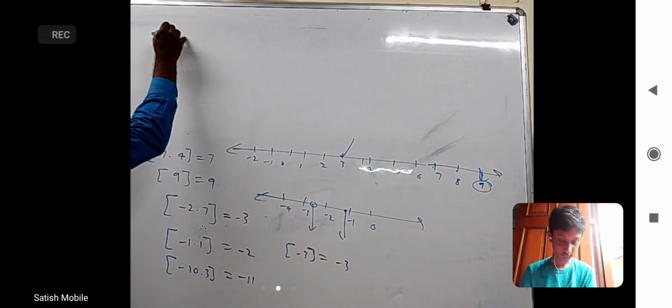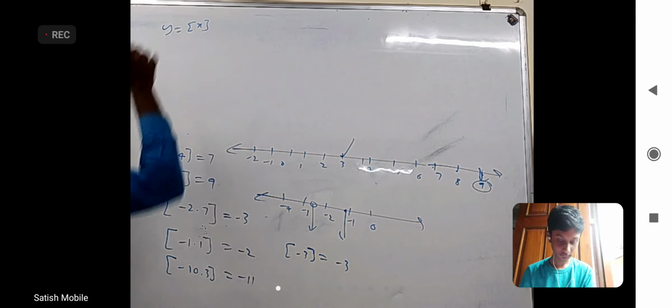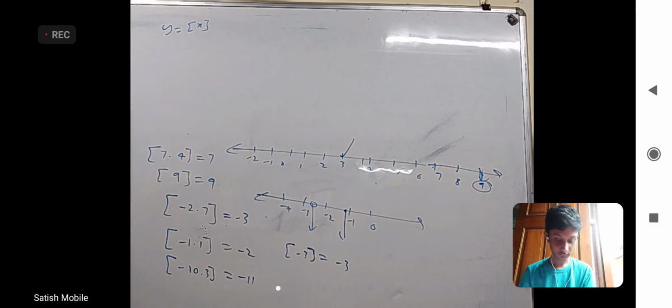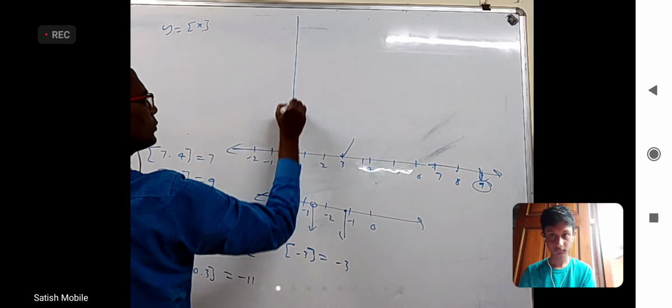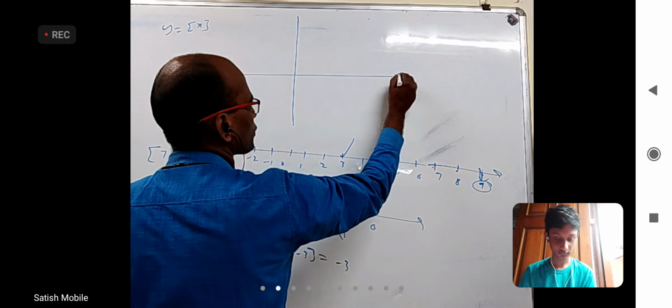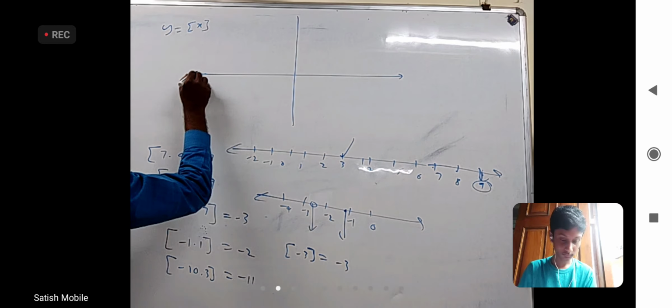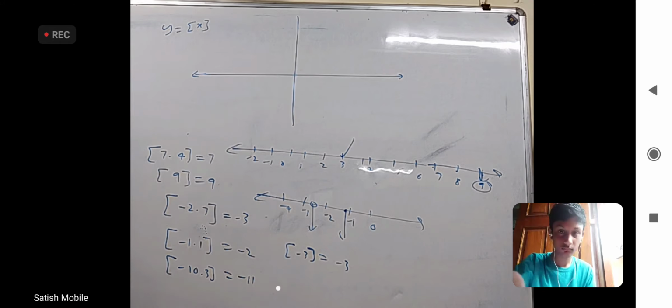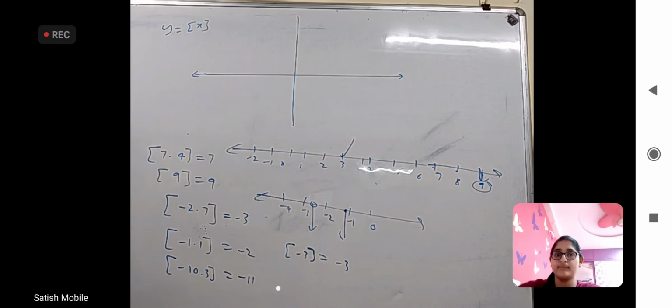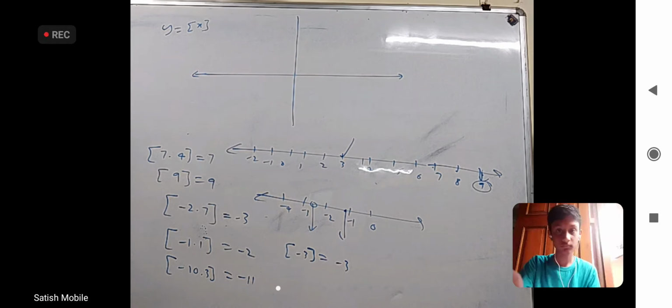I want to draw the graph of y equal to integer part of x. In the other track, you are drawing graphs. What are you doing in the other track now, math? Limits. Okay. When did limits start?